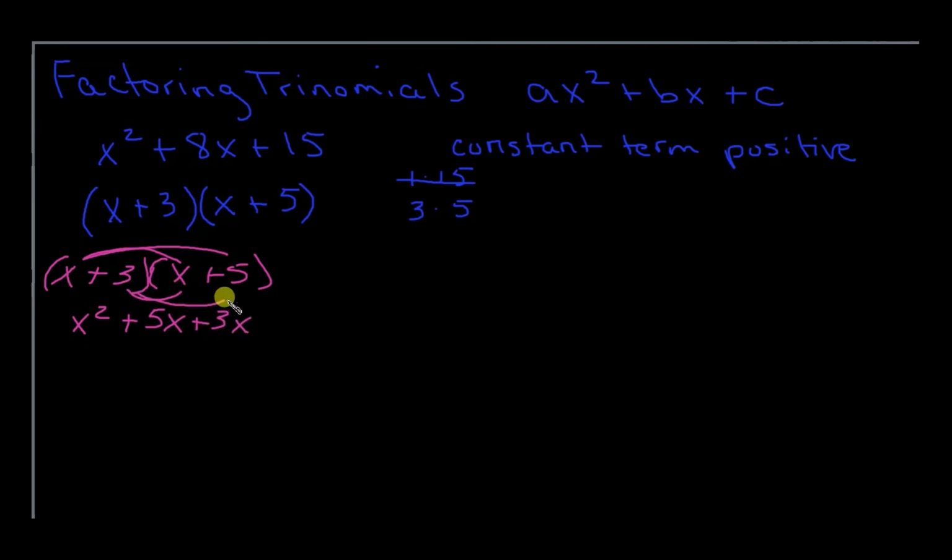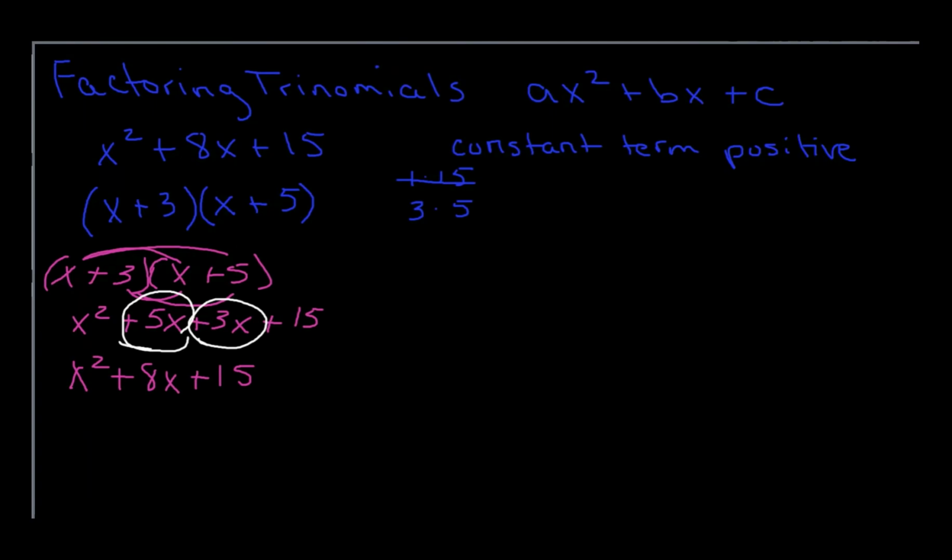And 3 times 5 gives us 15. The 5x and 3x are like terms, so you can add them together and get a final answer of x squared plus 8x plus 15. It matches what we originally started with.